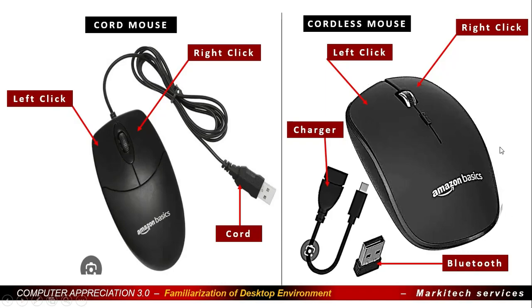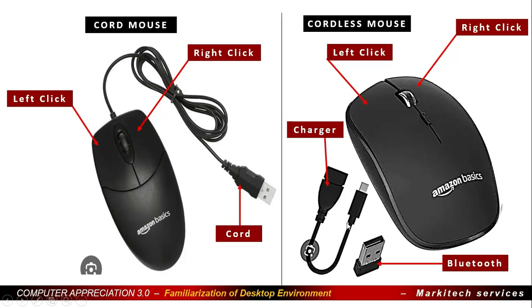It also has the same left click and right click. The Bluetooth device is what helps to connect it since it's wireless or cordless. So when you slot the Bluetooth device into your system and turn it on, it gets connected and activates your mouse.